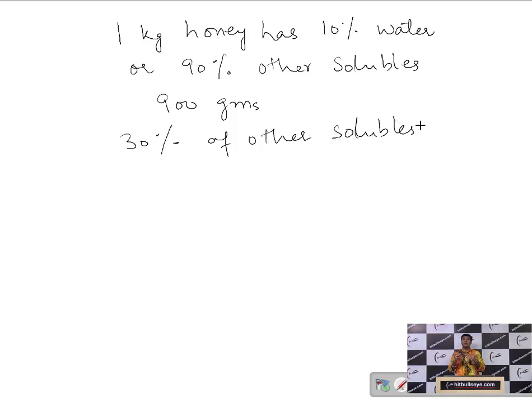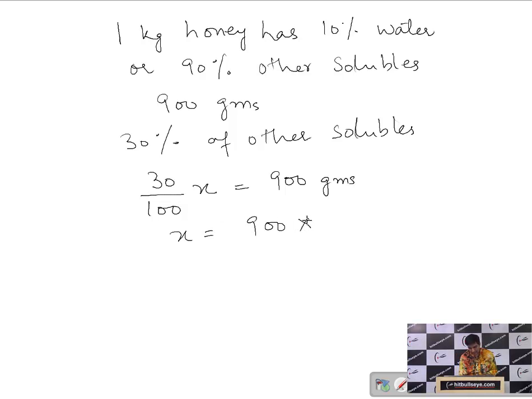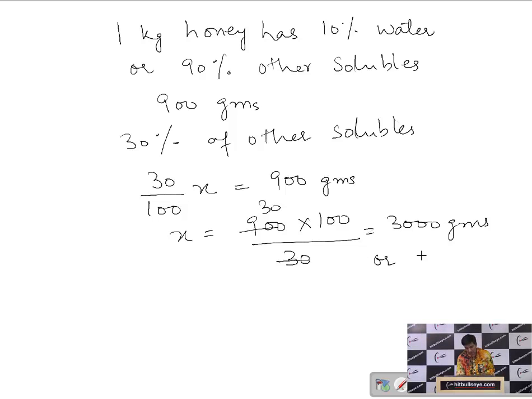So now we can equate these two by saying 30% of something is equal to 900 grams. So X is equal to 900 into 100 upon 30, which happens to be 3000 grams or 3 kgs as the answer.